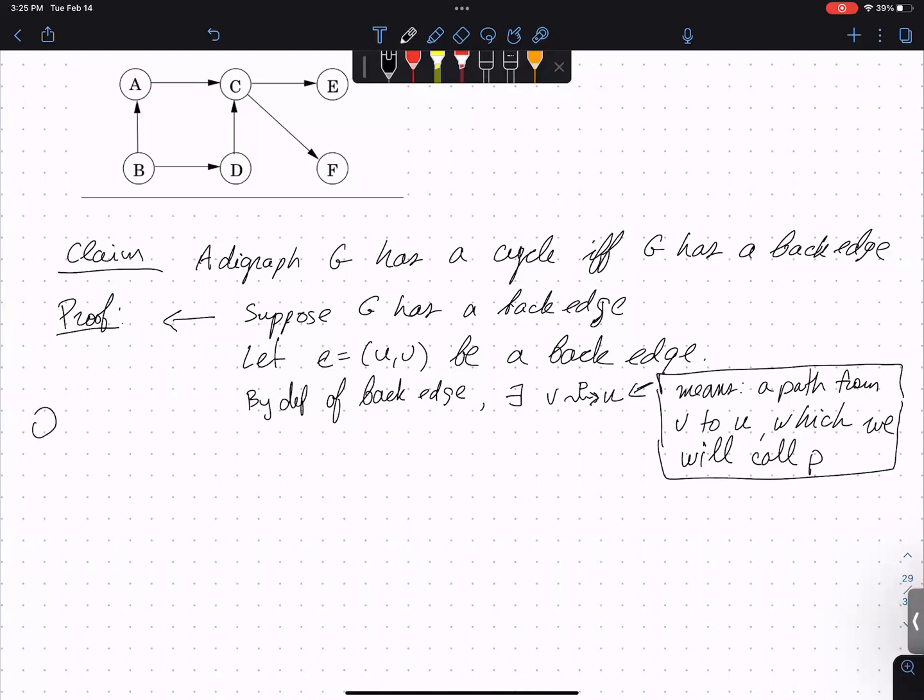I'll draw it here. We have V. We have a path to U. And now we have our edge E from U to V. This is edge E. This was path P. Okay, so there's our cycle, combining P with E gives a cycle. That's the end of that part of the proof.